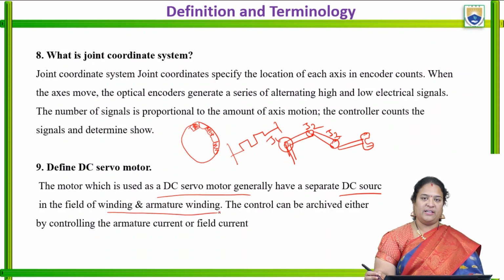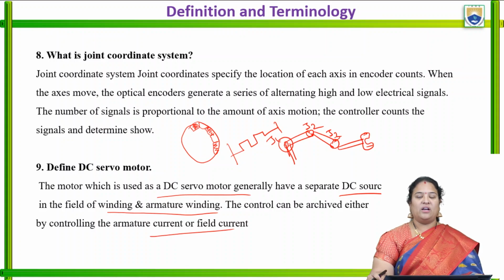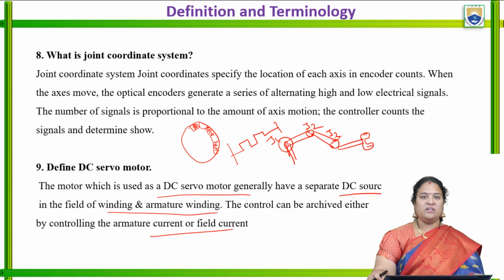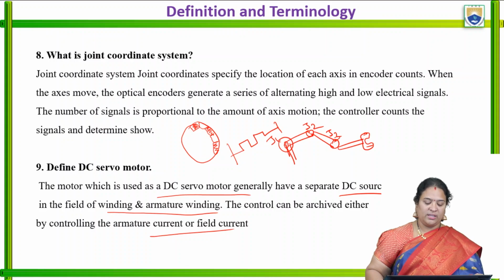The control can be achieved either by controlling the armature current or by controlling the field current. That is known as a DC servo motor.